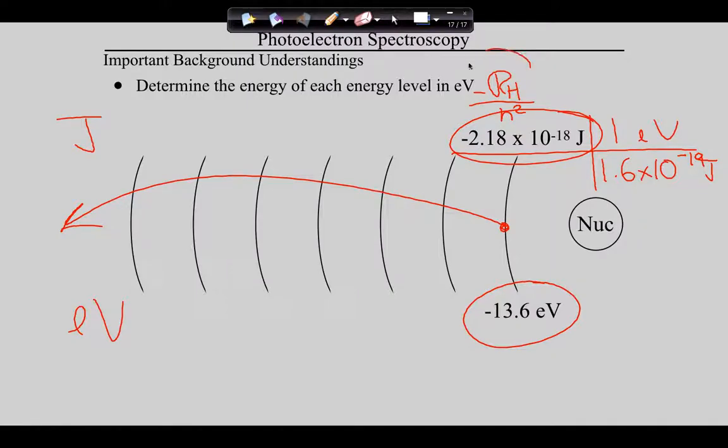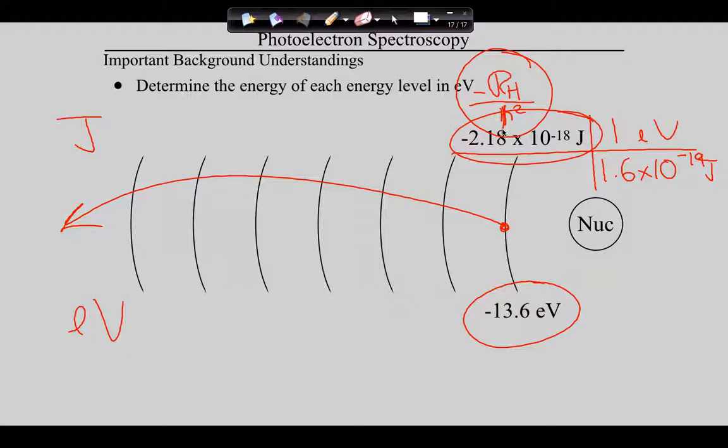That's the result of plugging in 1 for n. Got it? Go ahead. We only have the ability to do this math for hydrogen.